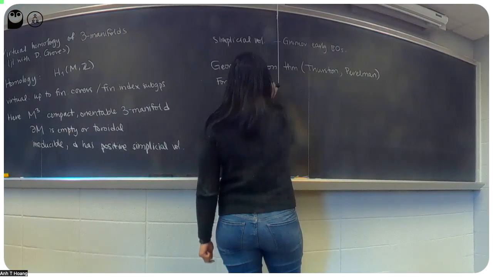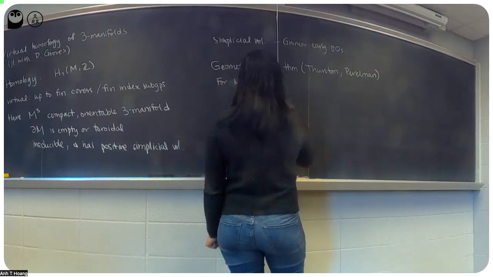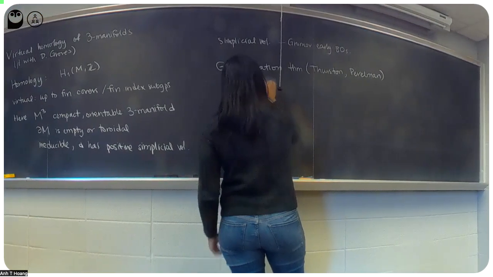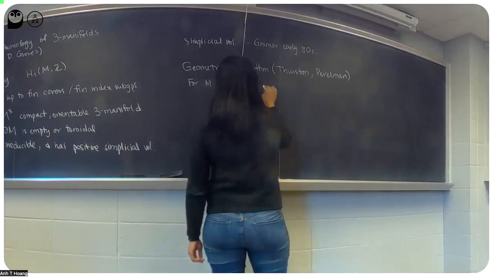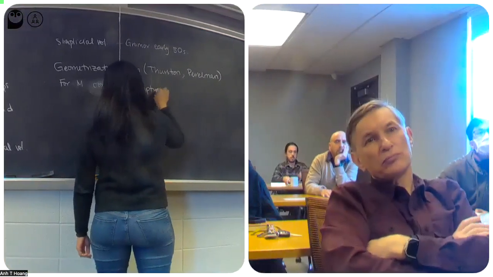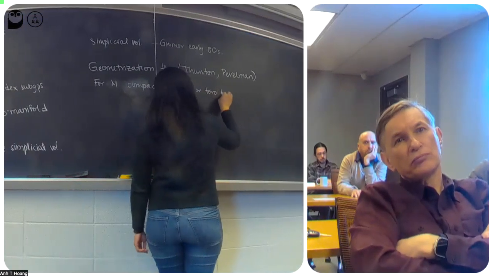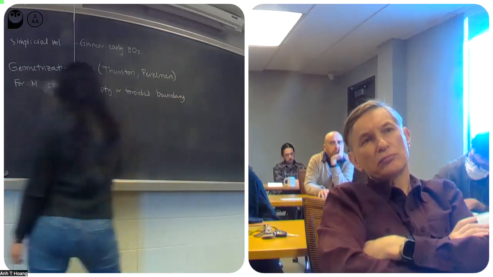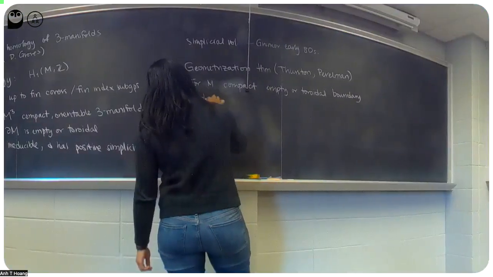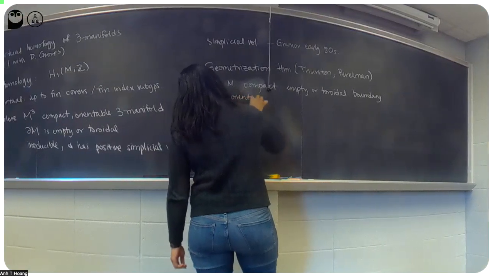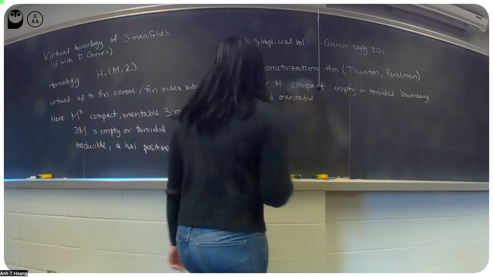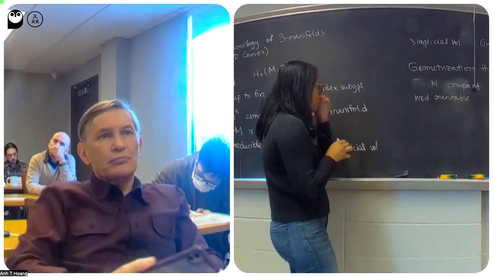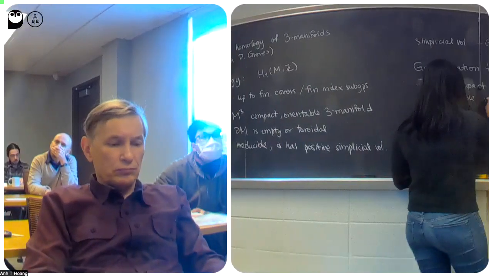Let me just say it for the closed case. So M compact with empty or toroidal boundary, and irreducible and orientable.